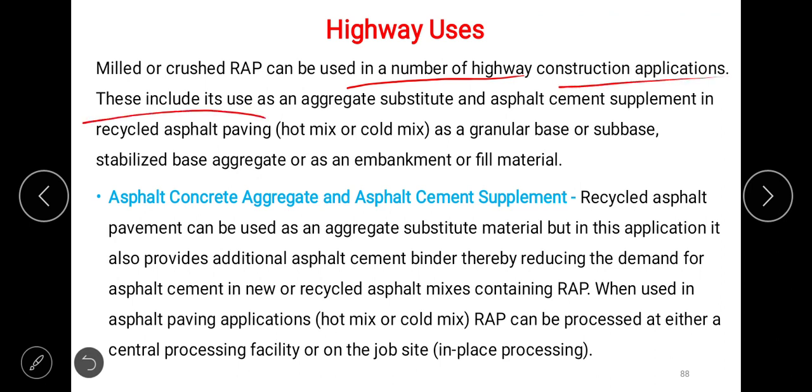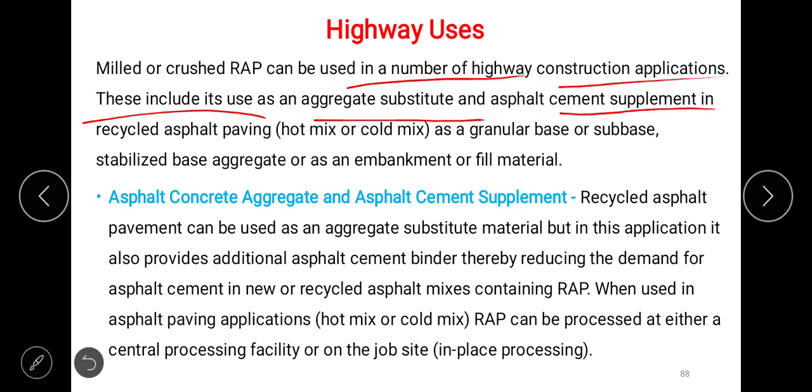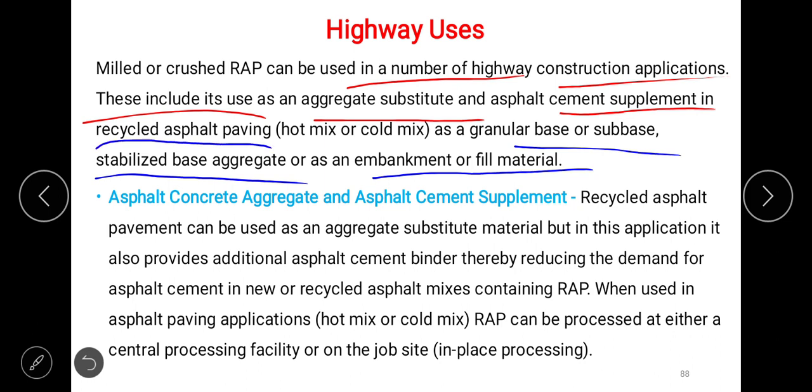These include its use as an aggregate substitute and asphalt cement supplement in recycled asphalt paving, that is hot mix or cold mix, as a granular base or sub-base, stabilized base aggregate, or as an embankment or fill material.